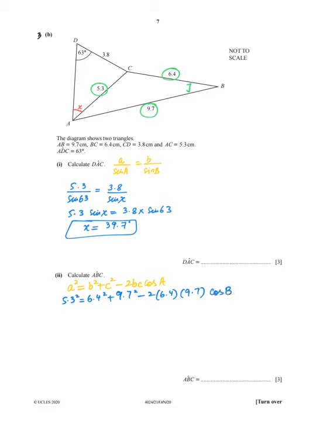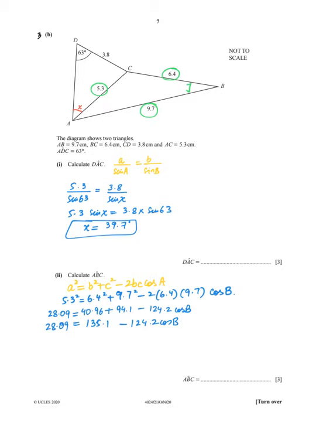Alright, so we need to find the values of squaring and adding them together. I find the squaring of these numbers and multiply these three terms, so I'll get the answer 124.2. Now I will add these, that equals 135.1 minus 124.2 cos B, and on the left side I have 28.09.